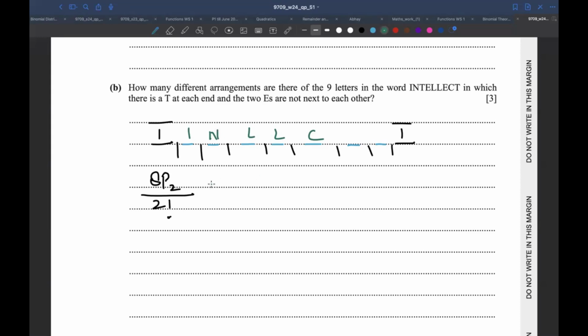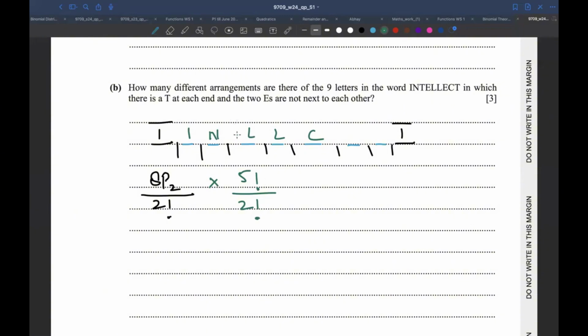Yes, this should be 5 factorial divided by 2 factorial. Can someone please put this in your calculator? I'll do it as well. So 8P2 divided by 2 multiplied by 5 factorial. 5 into 4 into 3 into 2 divided by 2.